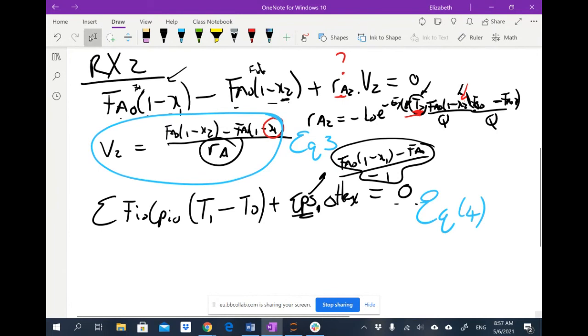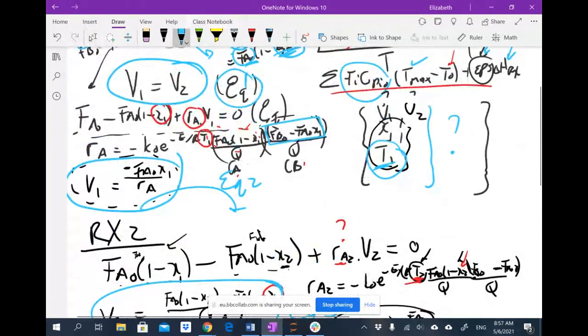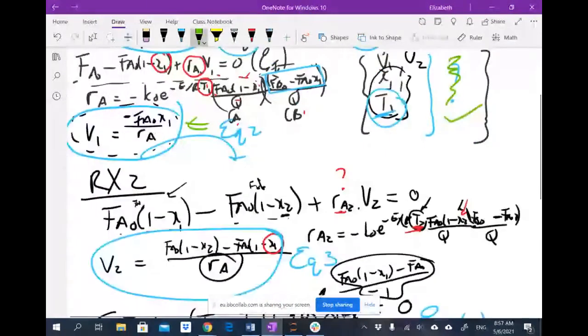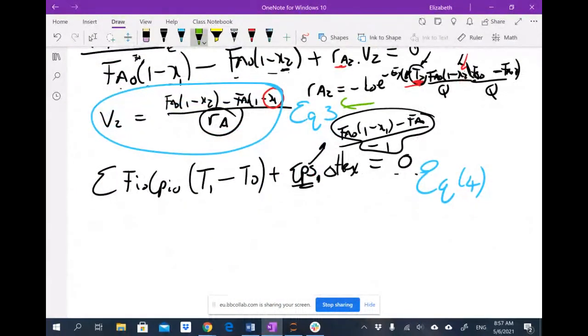So I've set up enough equations, yes, I've met my goal, good job. I've got 4 equations to solve for these 4 unknowns simultaneously. And of course, if you employ a solver, you can actually just write all 4 of these equations with residual values, in other words, set all of them equal to 0 so that you can solve.